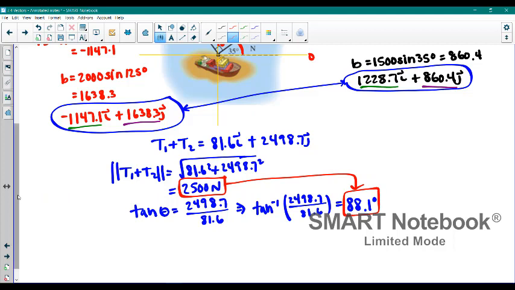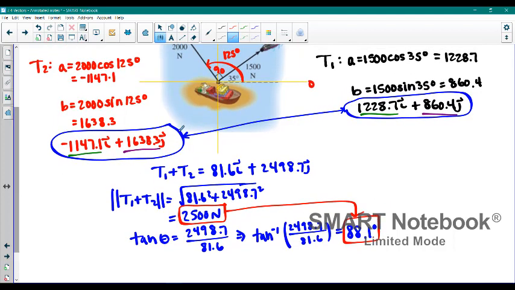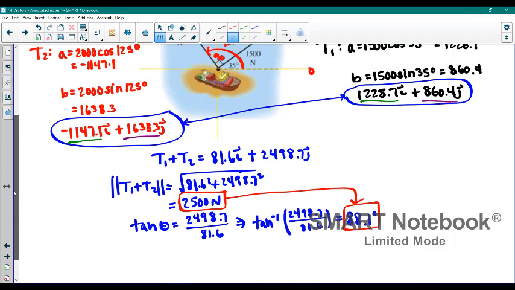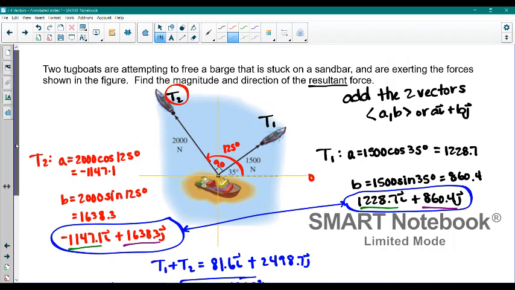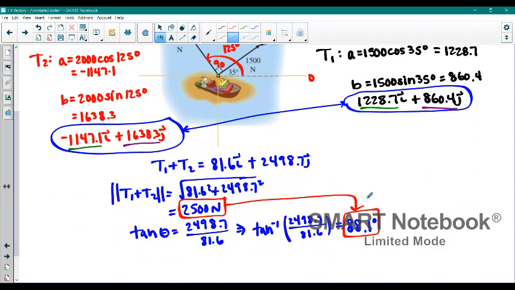But of course, there are always these bearings and things that we have to deal with. If we want to give our angle in terms of a bearing, now it didn't specifically say that, but I think it would be a good thing to practice in case you have one that does. 88.1 degrees is right here.